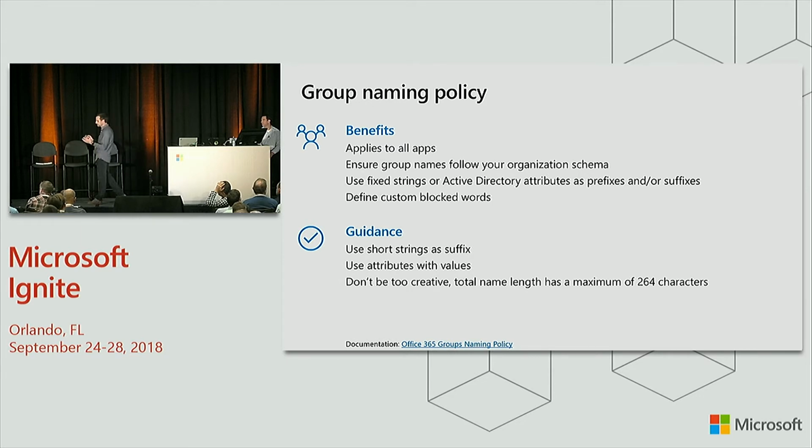So Christophe types in a name and a decorated name comes out, and voila. Or the other reason is you probably have reserved words or blocked words in your organization. For instance, you don't want Christophe to create sales@contoso.com, or you don't want Christophe to impersonate the CEO and say, let me create a group called Satya Nadella and pretend I'm the CEO, and then I start getting confidential email.